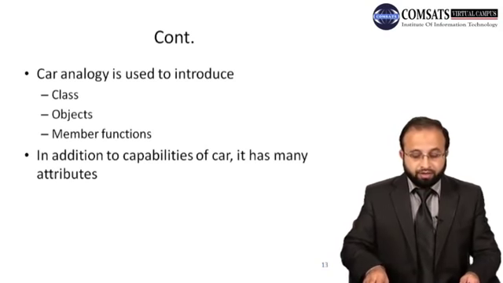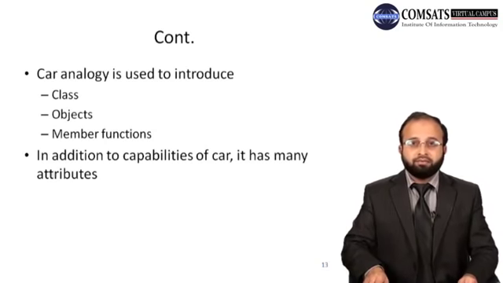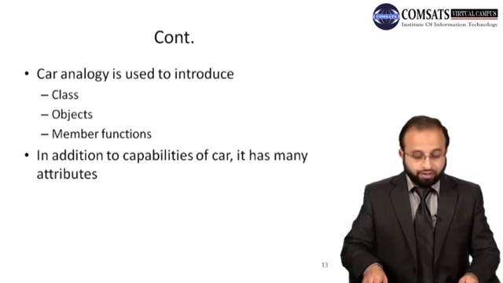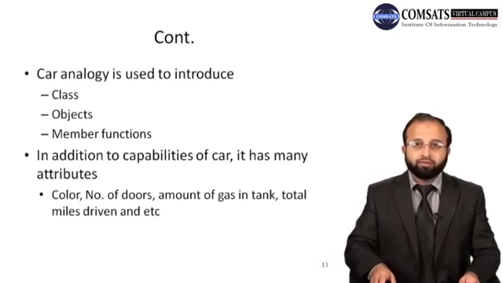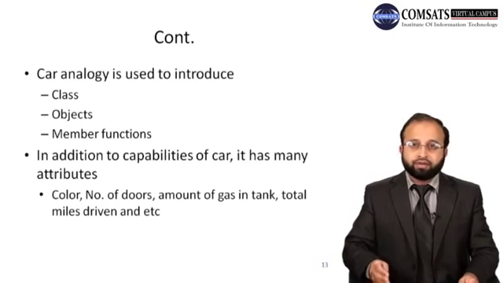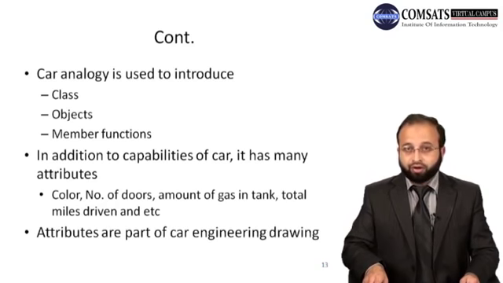In addition to the capabilities of a car, it has many attributes, or we can say many fields or properties. These attributes are color, number of doors, amount of gas in the tank, total miles driven, and so on. There are a lot of attributes you can count on your fingers for any car, right? So attributes are part of the car engineering drawing.